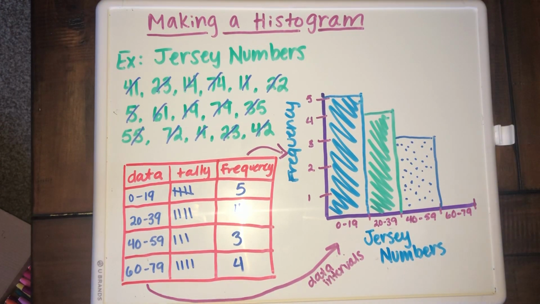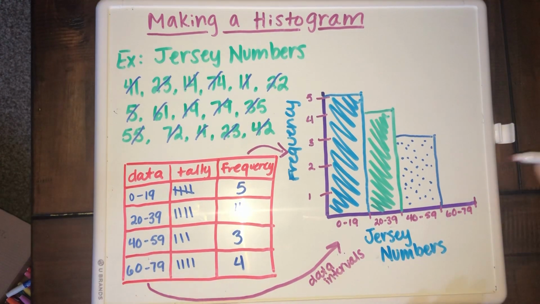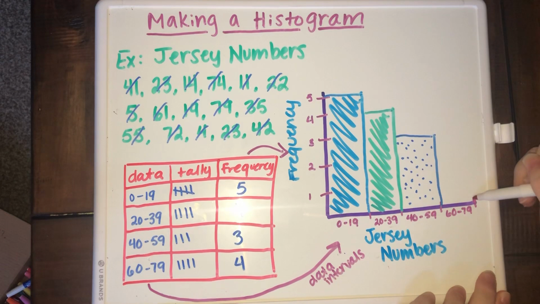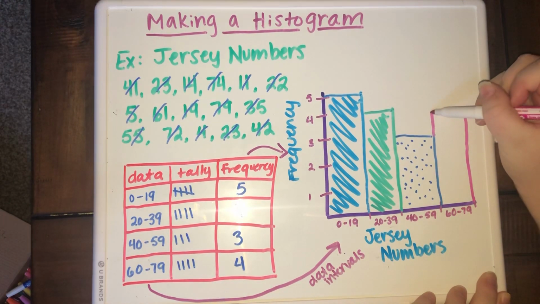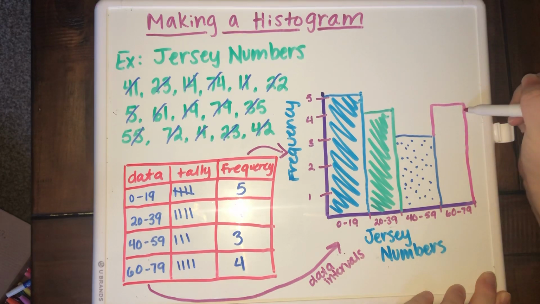And then our last interval, let's see, 60 to 79. For 60 to 79, we go back over to our frequency table, and it says that we've got 4. So we're going to go all the way back up to 4 again. So over here, you're going to have to go up a little bit as well.